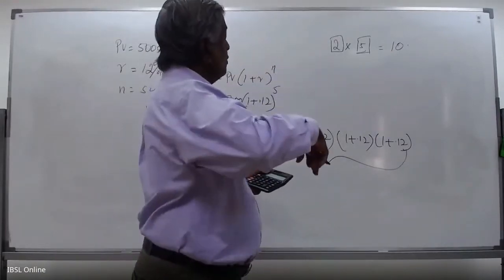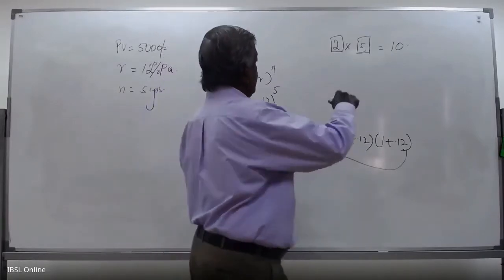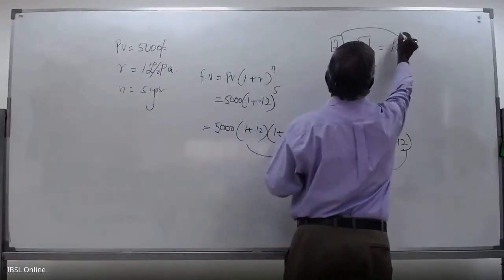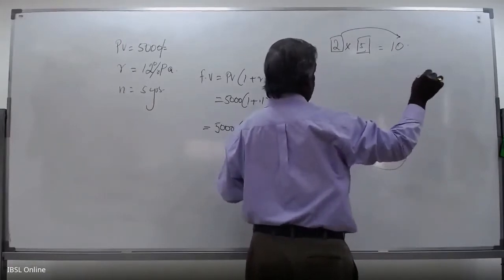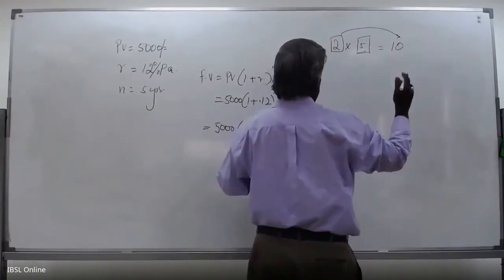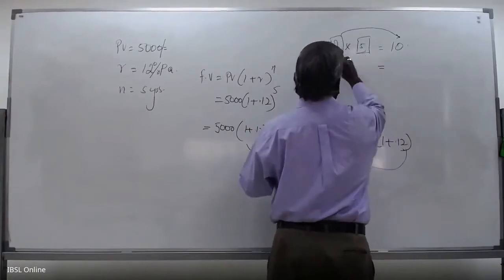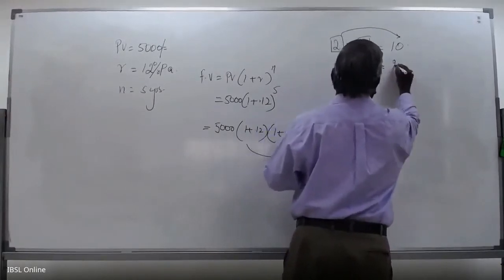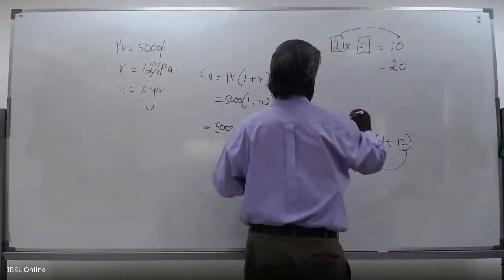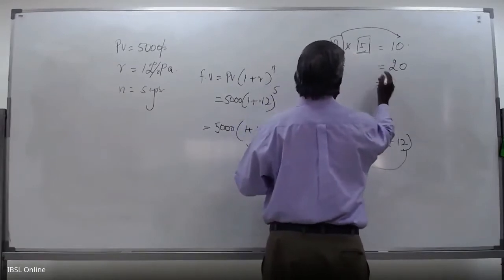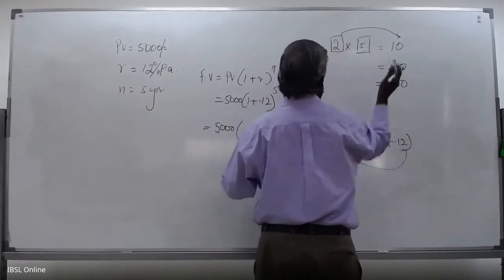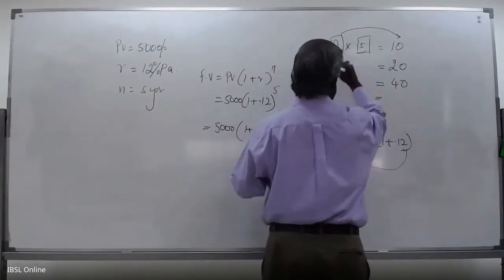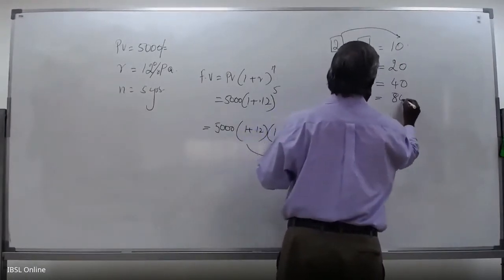Again, you want to multiply this 10 by 2. What you do is not putting 10 into 2, just press the equal sign, and it automatically gives 20. Again, press equal, it multiplies automatically, you get 40. Again equal, 80. It goes on.